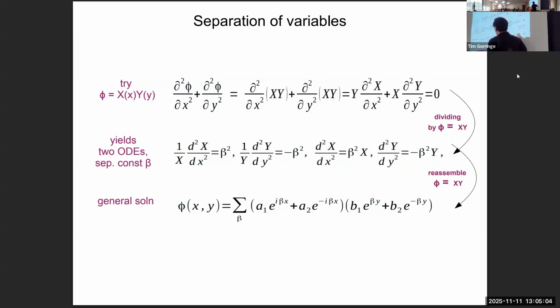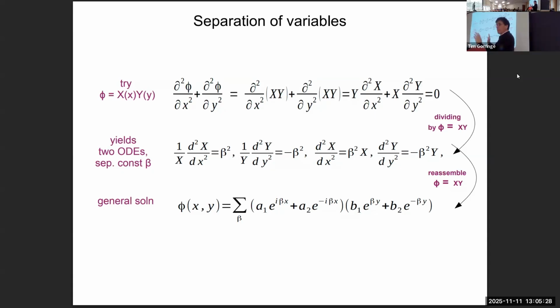It's why we wrote beta squared as a separation constant, because we're differentiating twice. Then it's more convenient to write the separation constant, which comes out each time you differentiate, as beta squared. So that's one parameter in this equation.